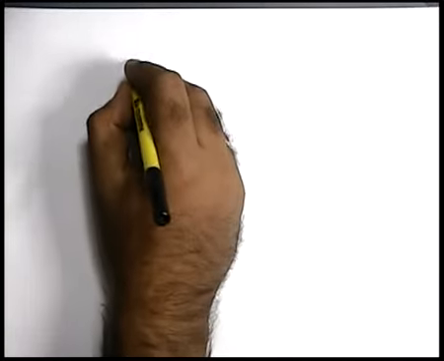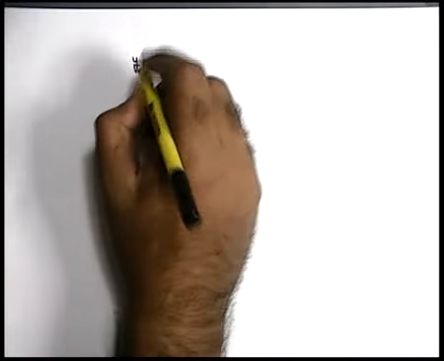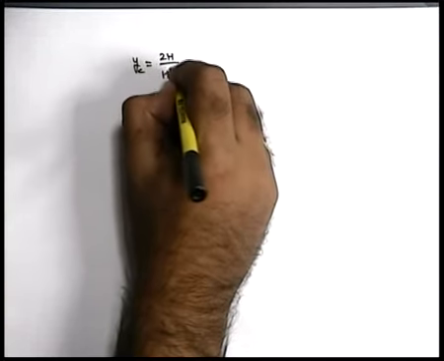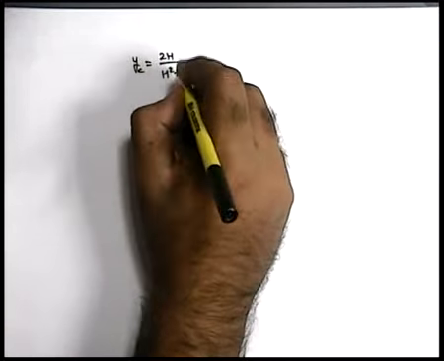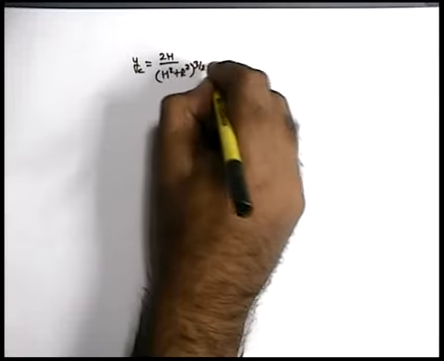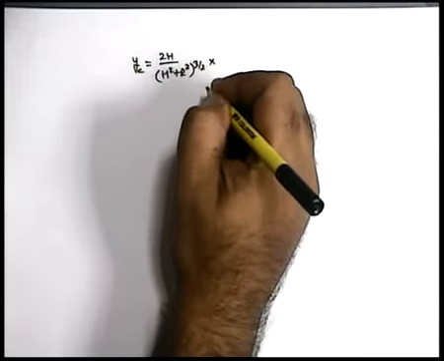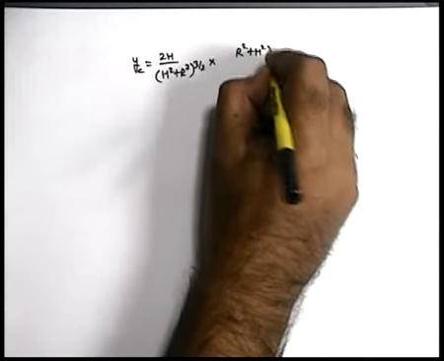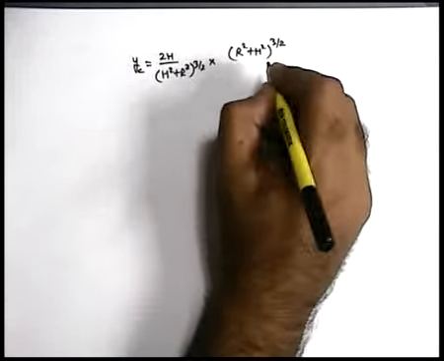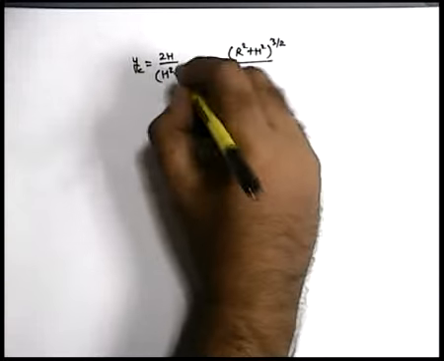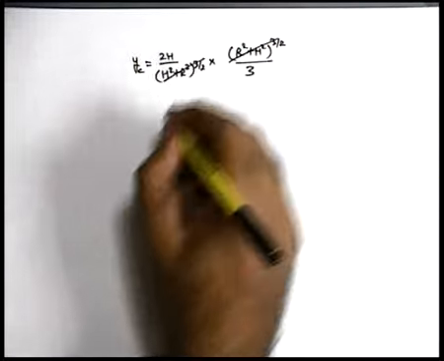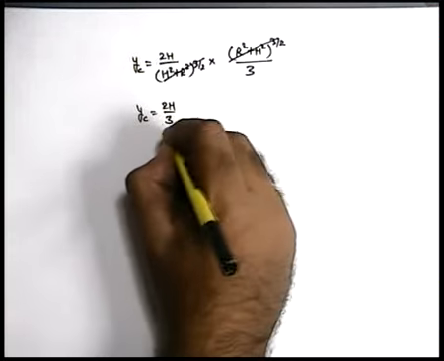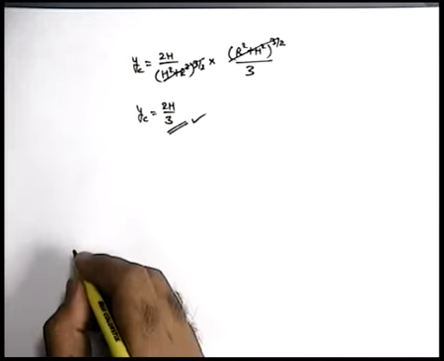Now here yc can be given as 2h upon h square plus r square to power 3 by 2 multiplied by, we substitute the limits, this will be same r square plus h square to power 3 by 2 by 3. So this expression will get cancelled out and finally we get yc is equal to 2h by 3, which is again a useful result.